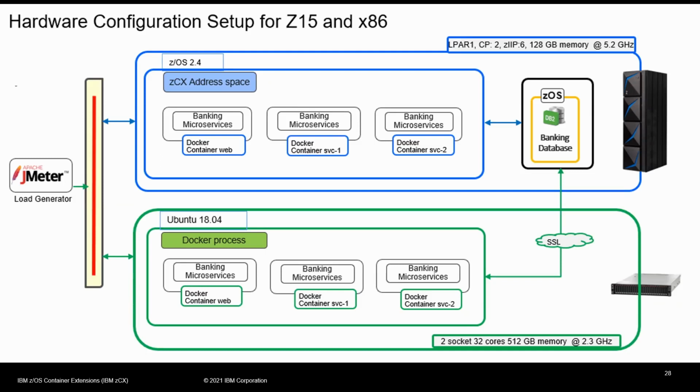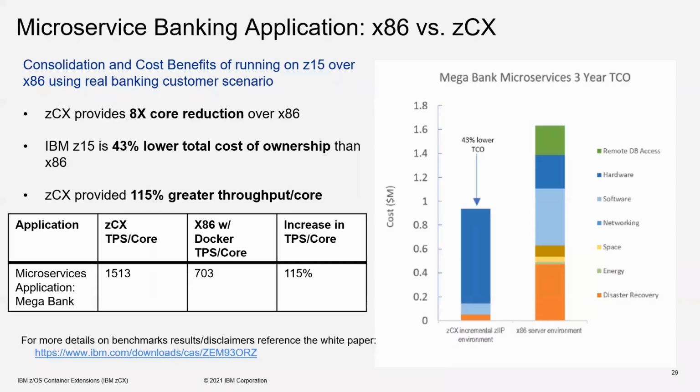They have a whole analysis. And of course, the back end of the data is still z/OS. So in the case of the x86, they had to do an SSL connection to connect to the banking database cross-platform. They have some pretty amazing numbers, and I'll let you look at the report for more details.